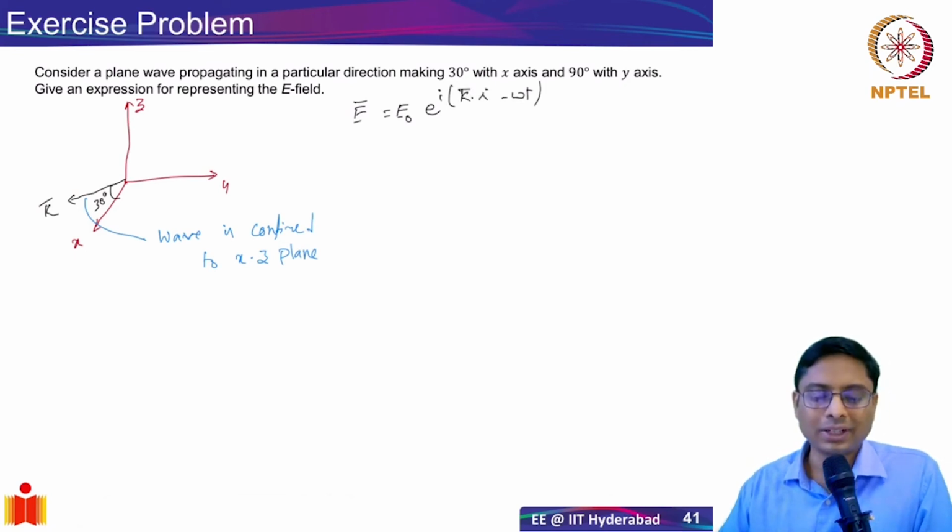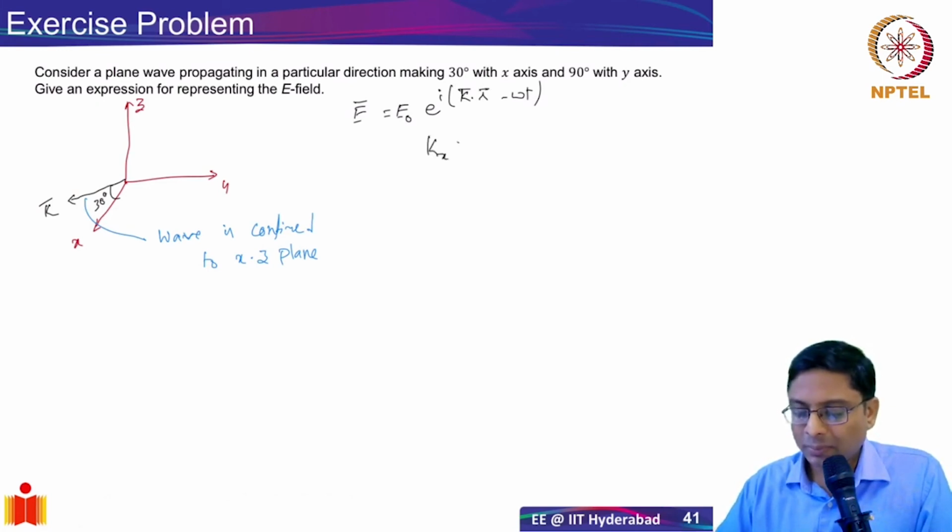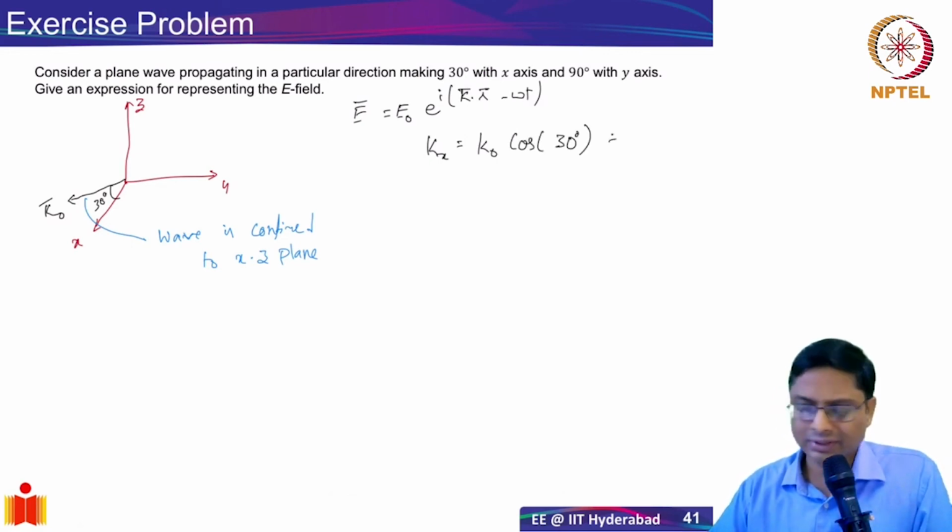What essentially it means is we have to take a dot product of each of these k's with the position vector r. So what is going to be my kx? Kx is simply the component of k, or rather I'll call it k naught, in the x direction, that is simply going to be cosine of 30 degrees, which is root 3 by 2, root 3 by 2 k naught.